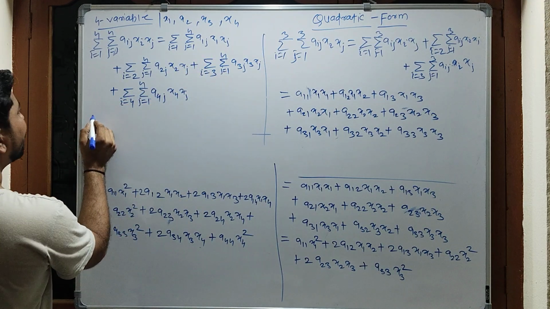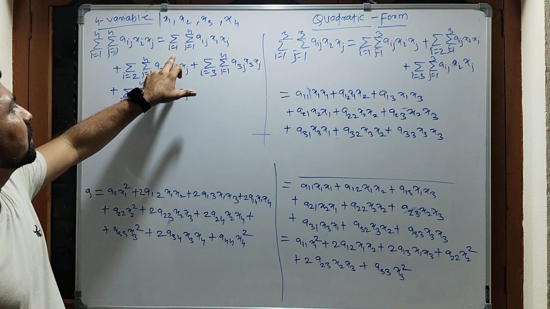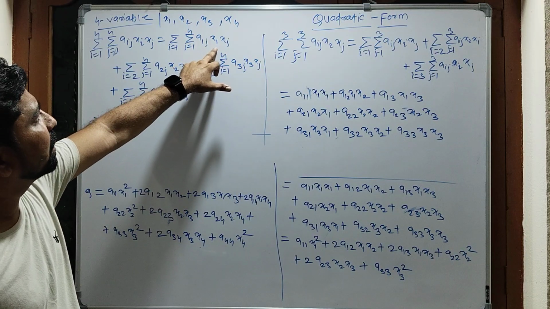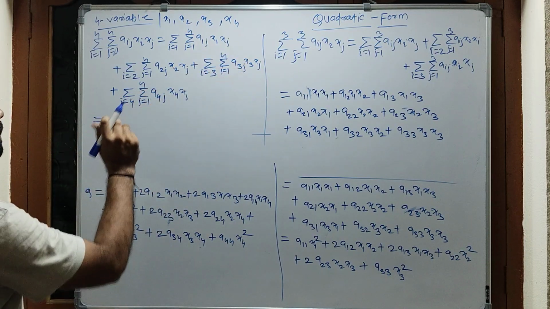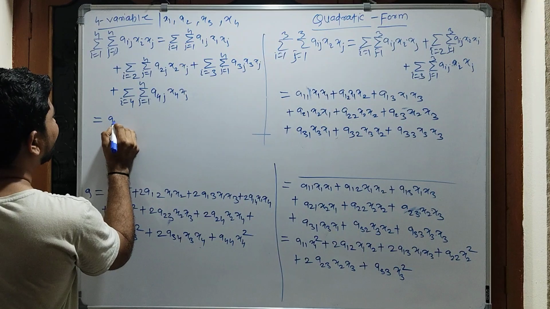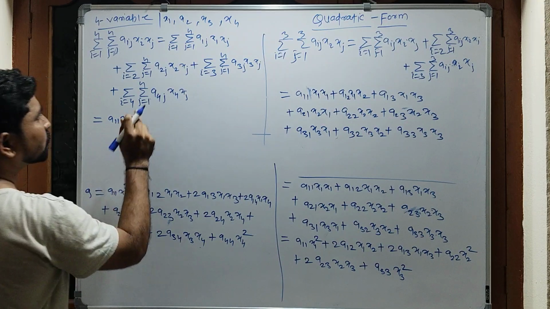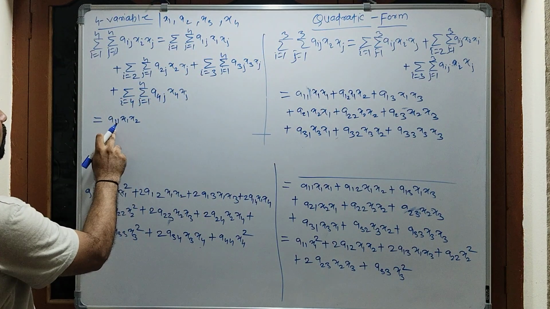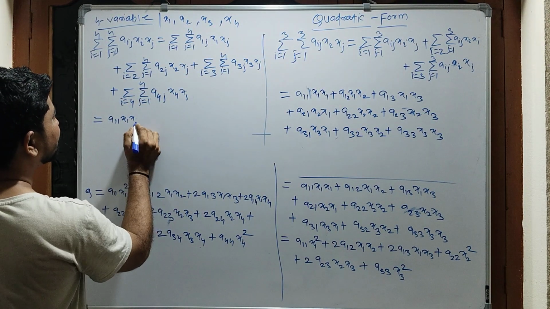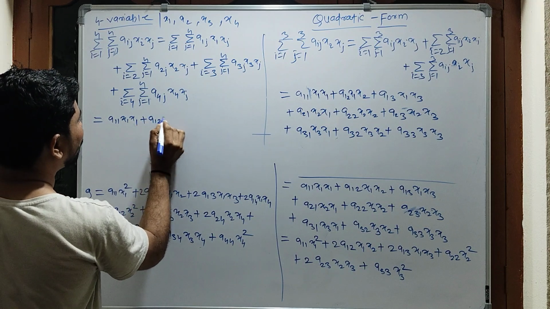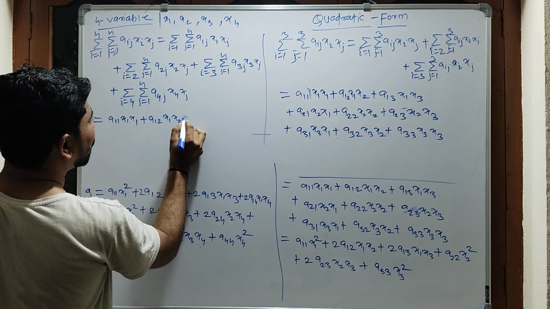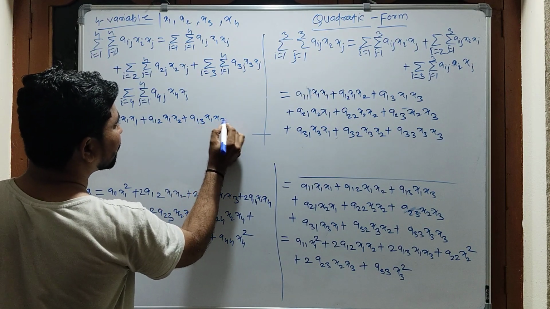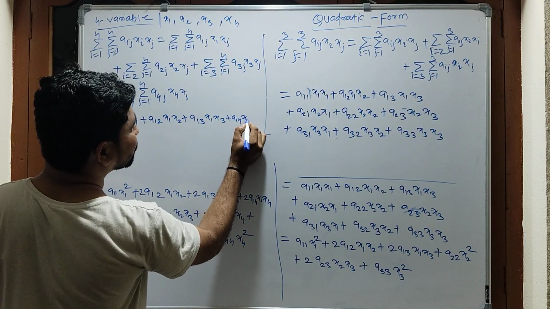First I will write for i equal to 1: a11 x1 x1, a12 x1 x2, a13 x1 x3, plus a14 x1 x4, where j runs from 1 to 4 and i is fixed.